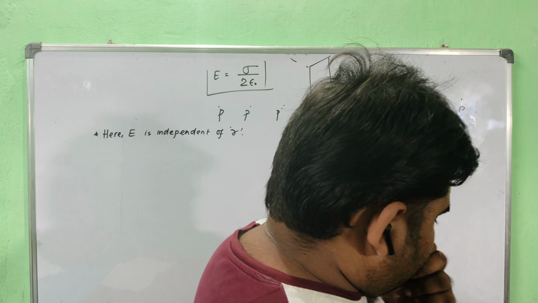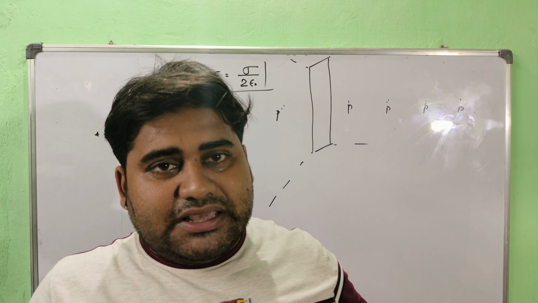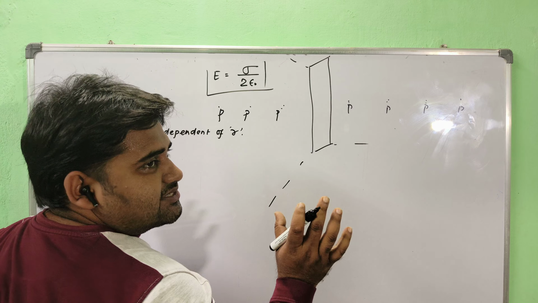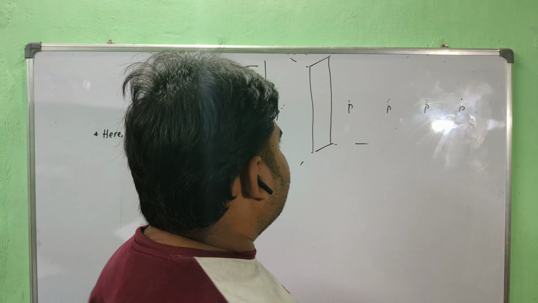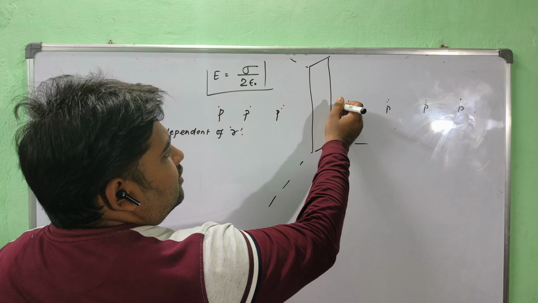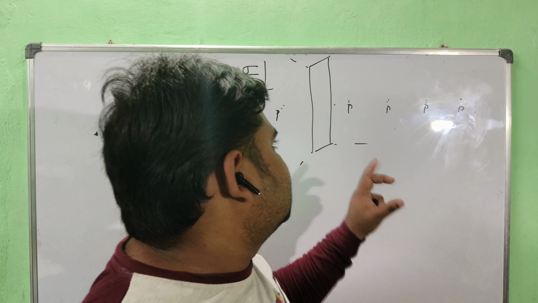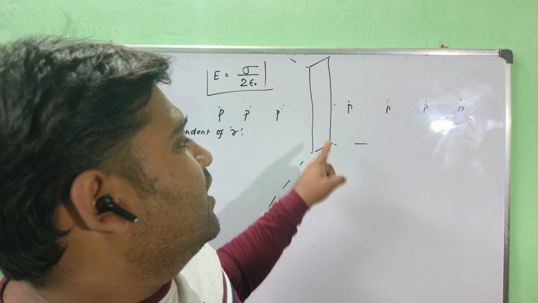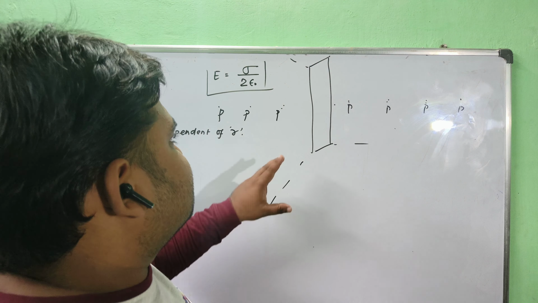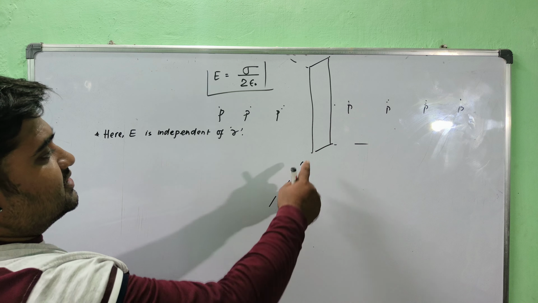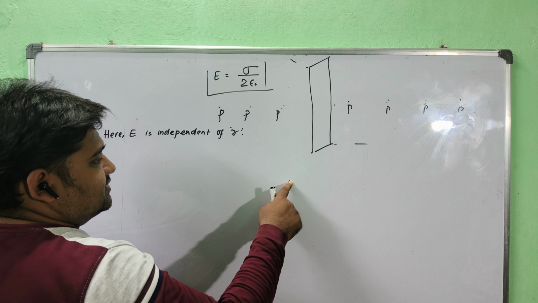But this is not possible. We cannot have an infinite stretch of plane sheet. So what we consider is a very large sheet, and the point under consideration is located very close to this large sheet, which will overshadow the size of the sheet.